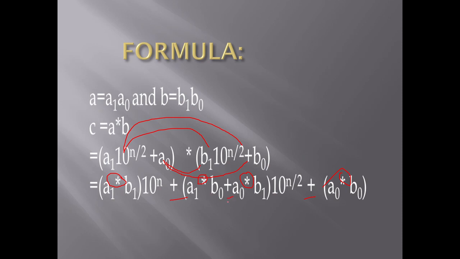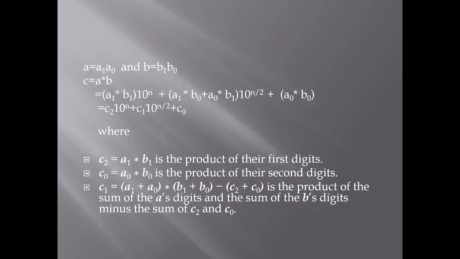In order to reduce that time complexity, we are going to solve this formula in a simpler manner. Now we assume C2 is equal to A1 into B1, C0 is equal to A0 into B0, C1 is equal to A1 plus A0 into B1 plus B0 minus C2 plus C0.